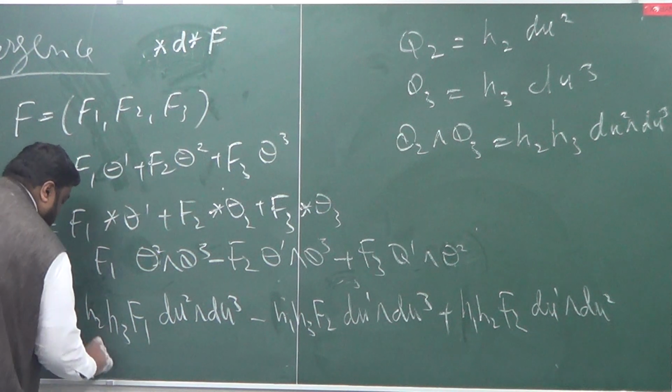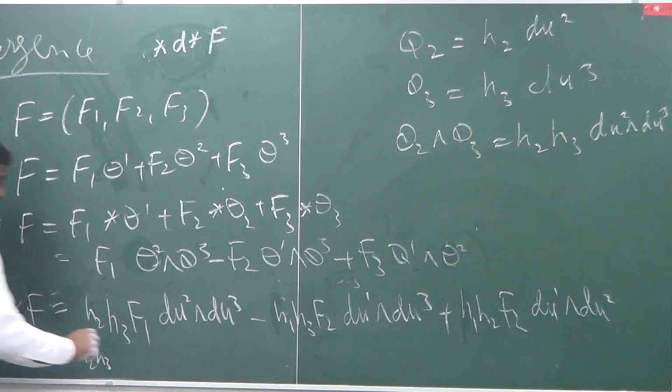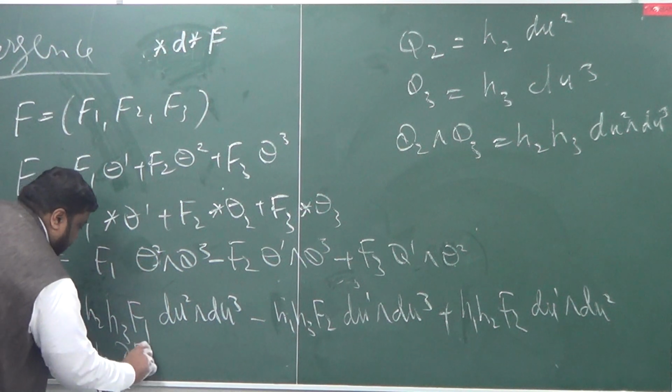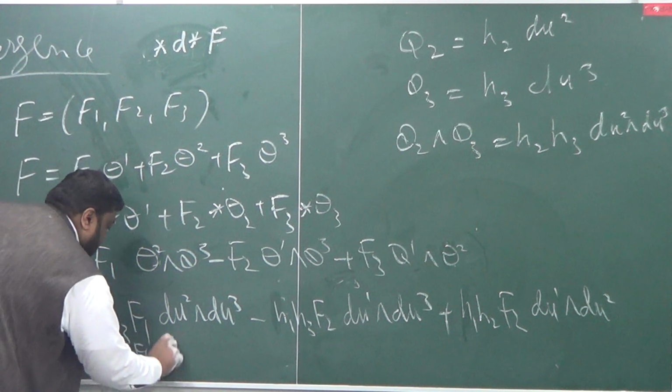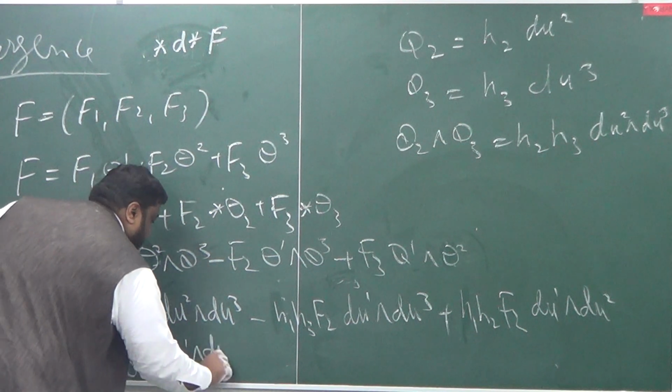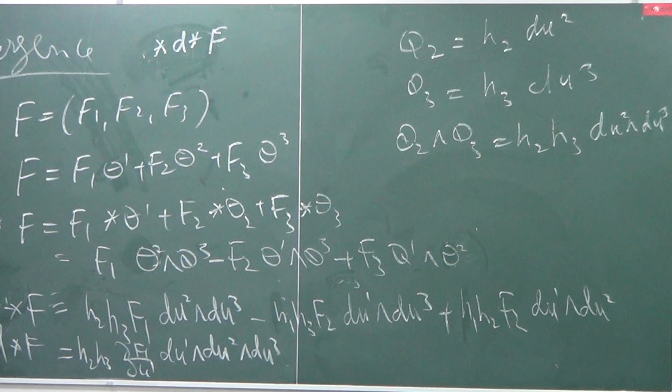H2 and H3 are like numbers, so they're going to stay the same. So I have to do what? Partial F1 by partial U1. I have to also do it through U2 and U3, but those will be 0. And you're going to get du1 wedge du2 wedge du3. Okay?